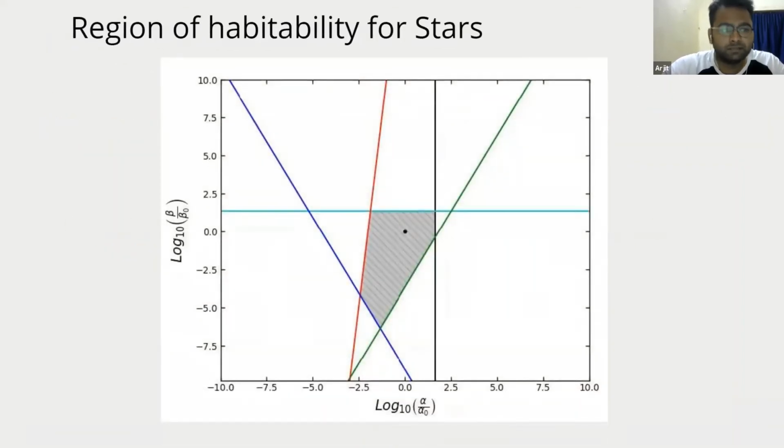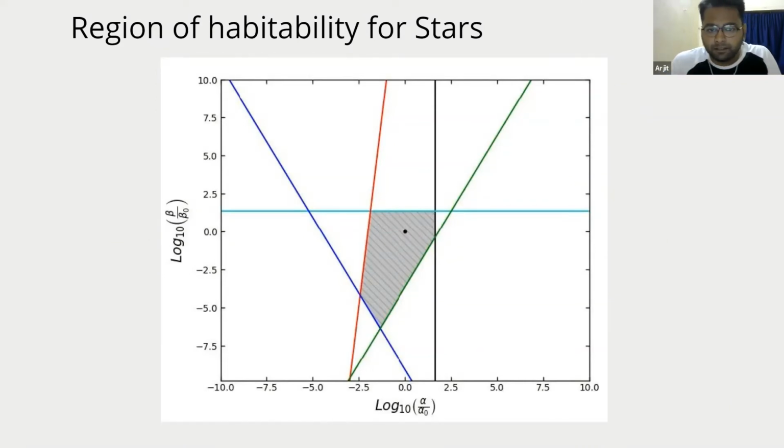Finally, we plot all the constraints discussed earlier in this graph, in the beta alpha plane. This shows the habitability for stars. Here we can see the black curve, from the usual requirement that the fine structure constant has to be much less than 1. The red one designates that the galaxy should have greater mass than the stellar mass. The cyan line shows that beta should always be less than 1.